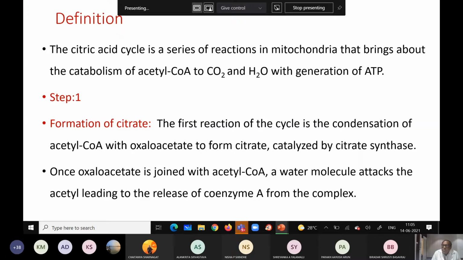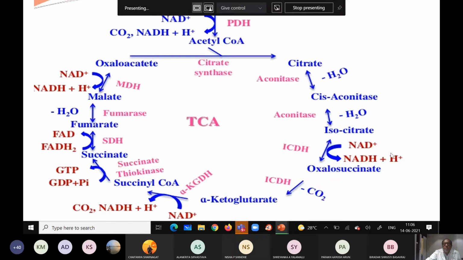It takes place in the mitochondria, where it brings about catabolism of acetyl CoA to CO2 and H2O. In step 1, citrate is formed from the combination of oxaloacetate and acetyl CoA in the presence of the enzyme citrate synthase.